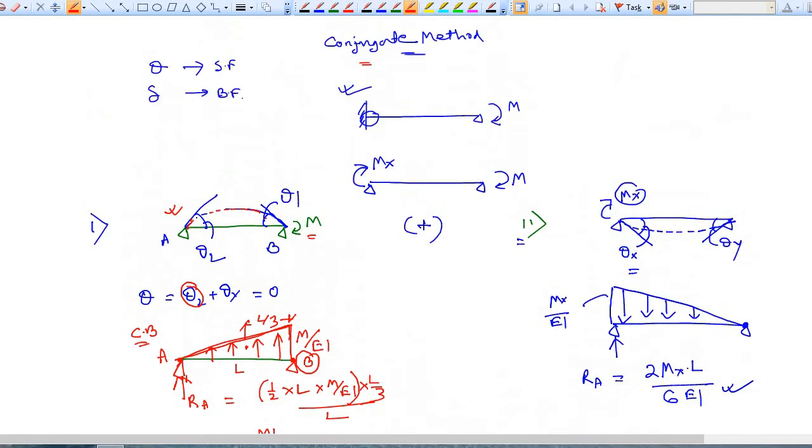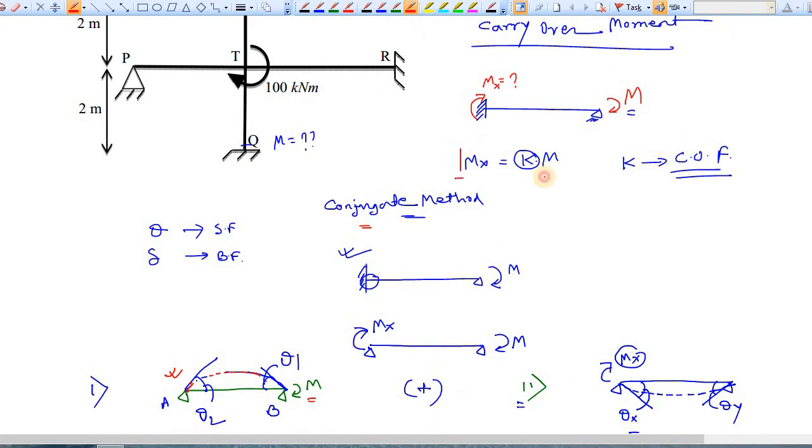Okay, and here mx was k times M by 2, so k is coming as half. So half is the carryover factor here, and carryover moment mx is simply M by 2.